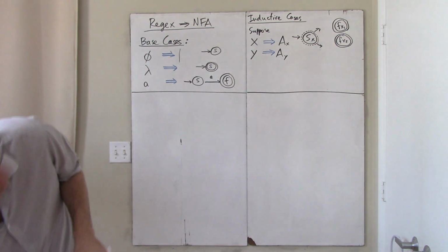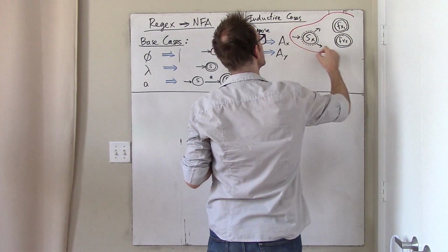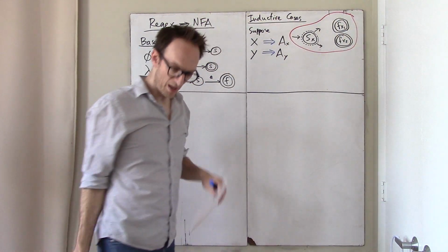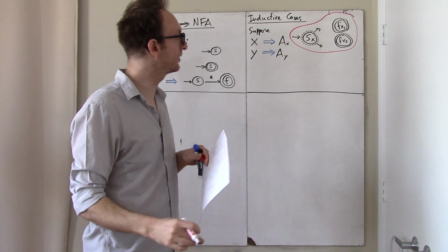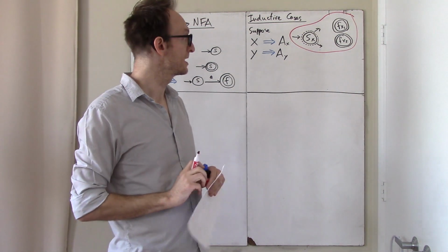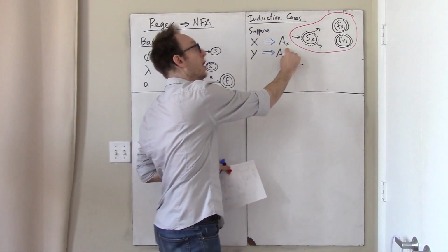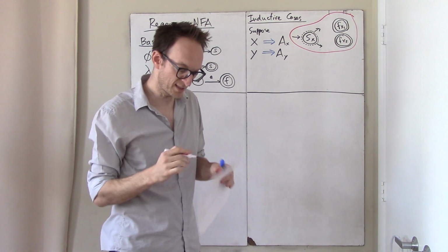And now maybe in red, I'll draw a bubble around what I have written to indicate that we should think of that red machine as a generic representation of an arbitrary machine, A sub x.